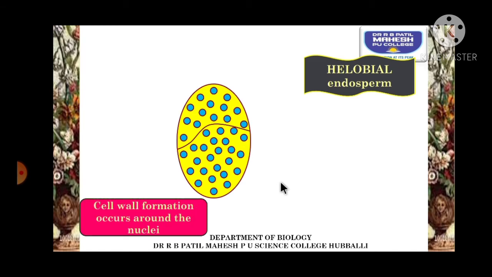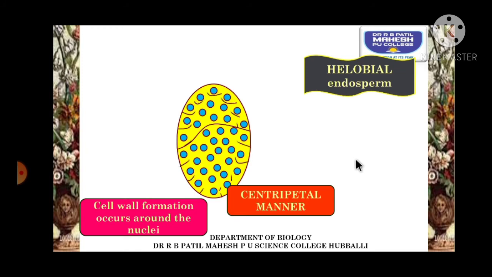Cell wall formation occurs around the nuclei again, like a nuclear endosperm, in a centripetal manner, from the margin towards the center. If you have observed a coconut, students, initially there will be no coconut meat, only water. Later, there will be the formation of the cell wall around each nucleus, so we get the meat.